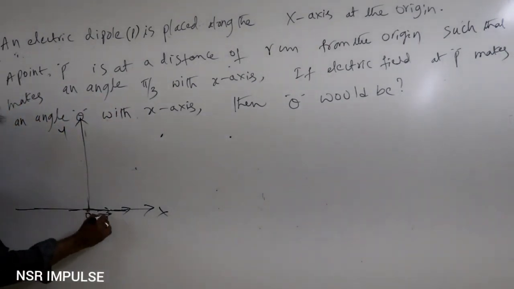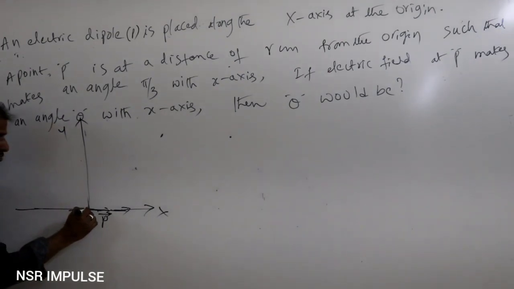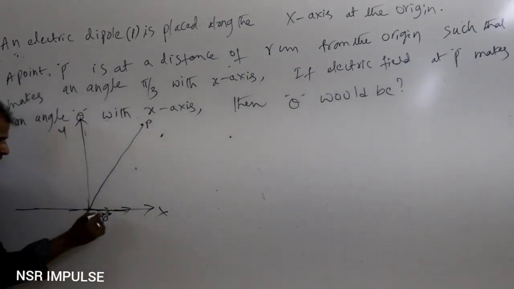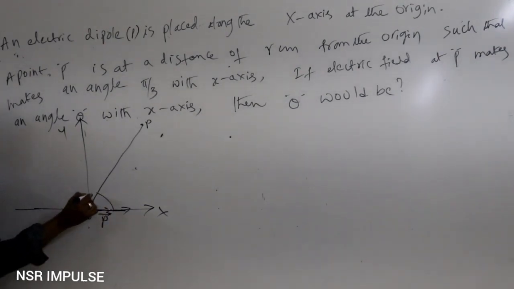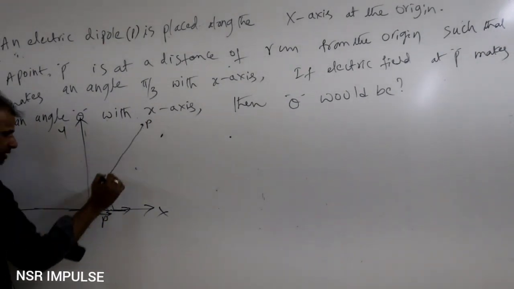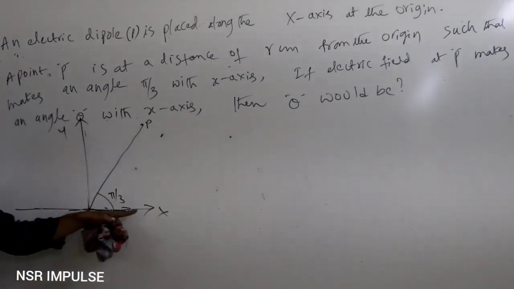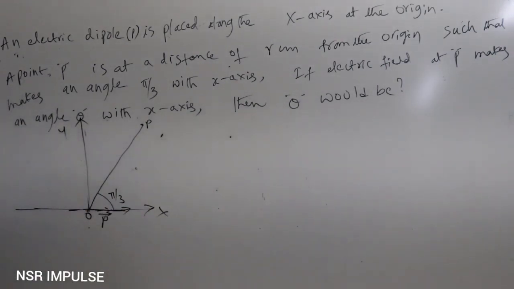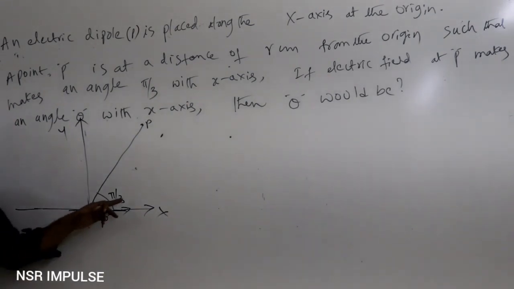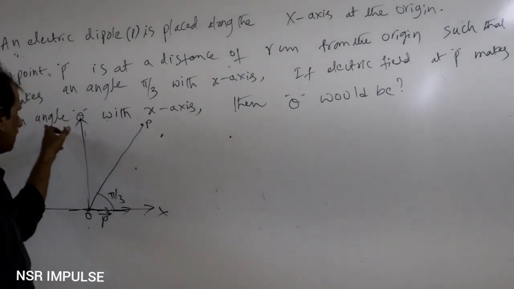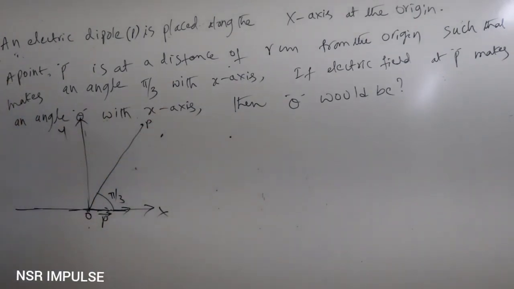This is the dipole and we have to choose a point P. This is the point P, and the line joining O and point P, OP, makes an angle pi by 3, 60 degree with the x-axis. This is the arrangement. So now we have to find if the electric field at P makes an angle theta with the x-axis, that theta we have to find.